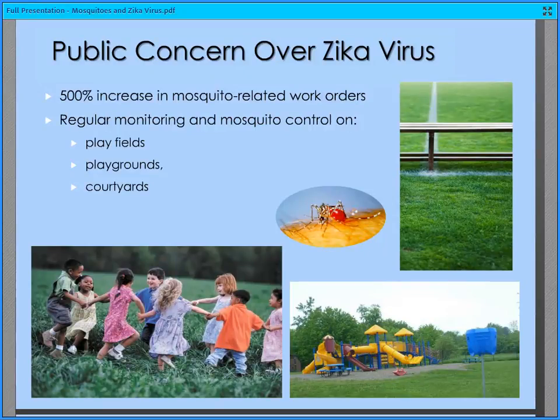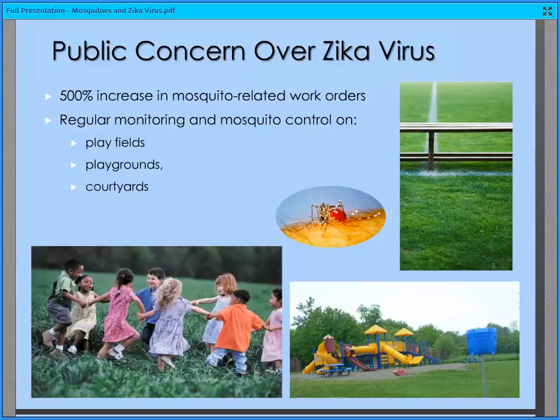Playground equipment would have standing water in the slides and underneath it. And if the caps aren't on the poles, water might be trapped down inside. So we had to pick that up.